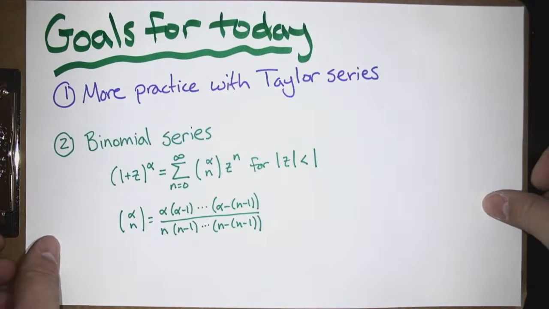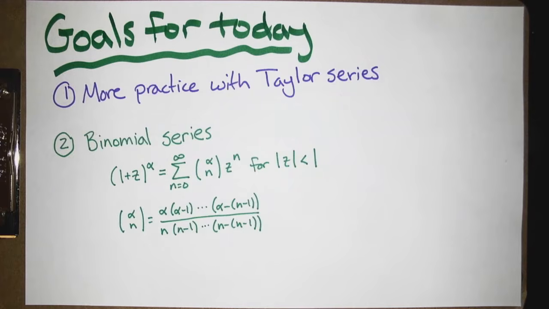All right. Now, what are our goals for today? Well, not too much. We're going to do some more practice with Taylor series, and we're going to introduce one more series, the binomial series. You may remember something like the binomial theorem from algebra, where if I expand (x+y) squared, I get x squared plus 2xy plus y squared.